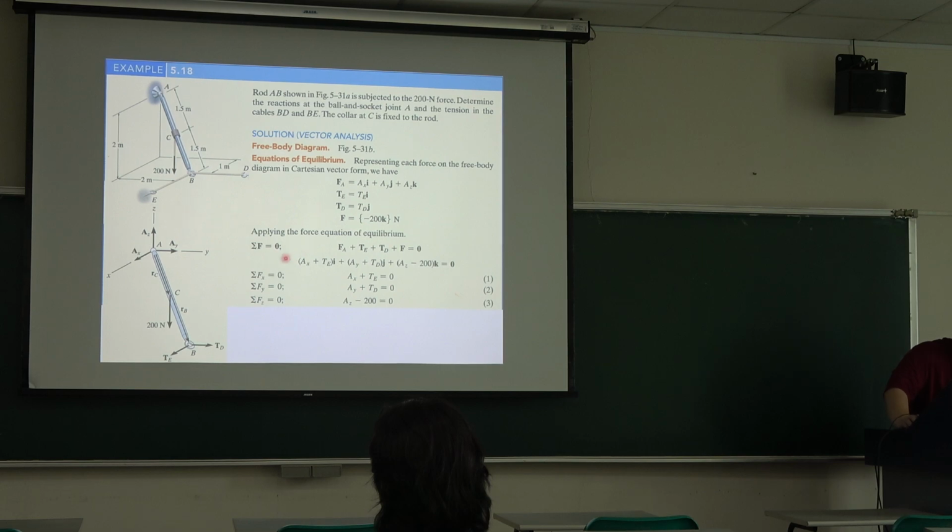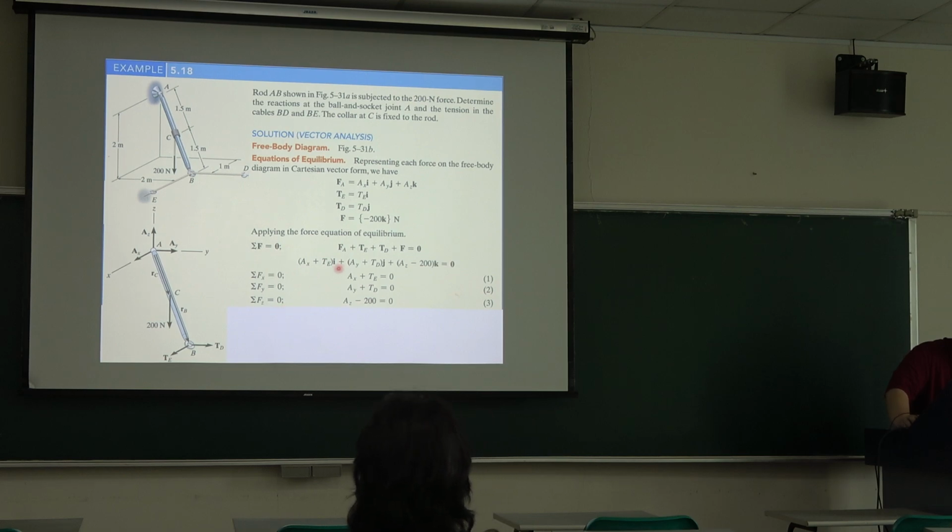Then we can do the summation of F equals 0 to calculate the equilibrium. So every force summed together is equal to 0. We have the i part combined together, the j part combined together, and the k part combined together. Then we can also use summation Fx equal to 0, summation Fy equal to 0, and summation Fz equal to 0.